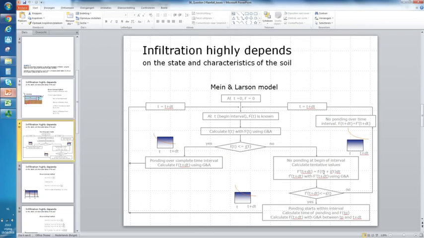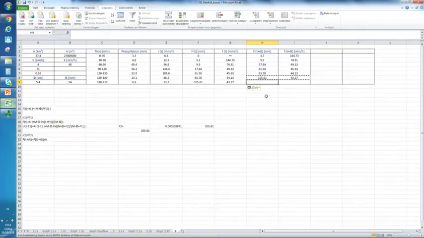So we start by calculating the tentative values. This tentative value, as we had before, would be the amount of infiltration at the start of the interval plus the rainfall intensity multiplied with the length of the period, and that's 112.21.